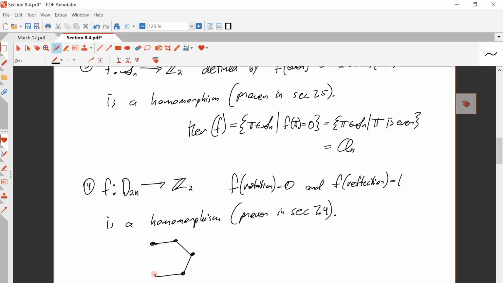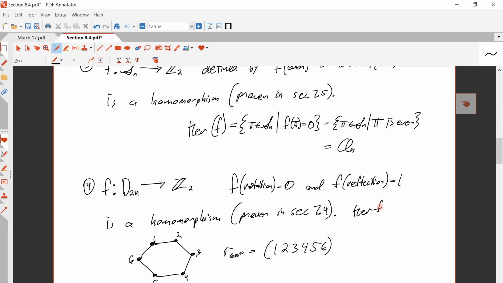So, for example, with the hexagon, a rotation of 60 degrees is the permutation where 1 goes to 2, 2 goes to 3, to 4, to 5, to 6. So f of a rotation is 0 and f of a reflection is 1. We showed that's a homomorphism, right?